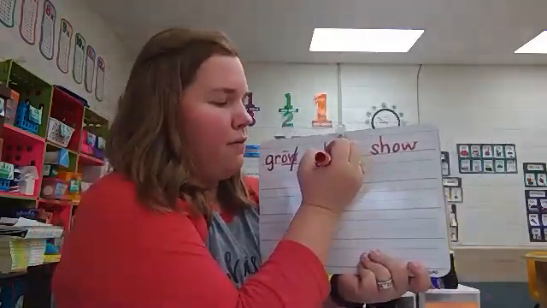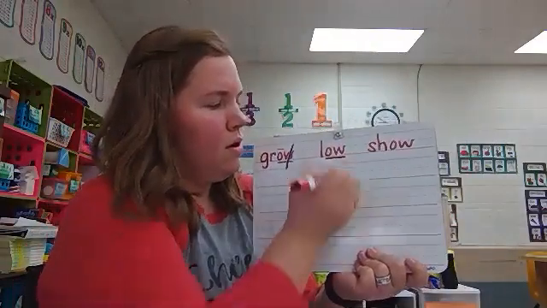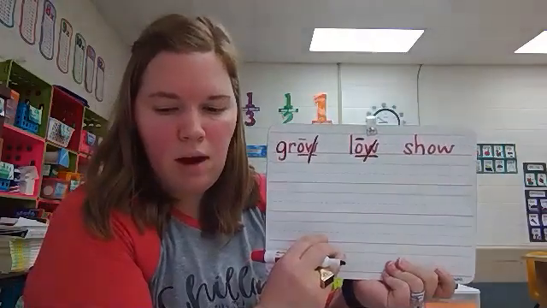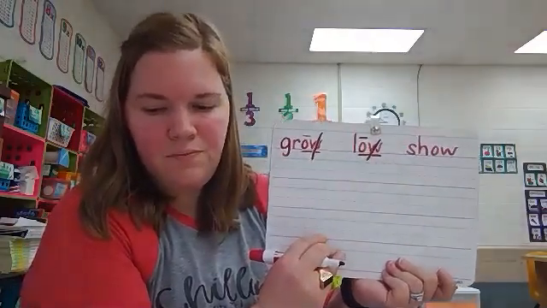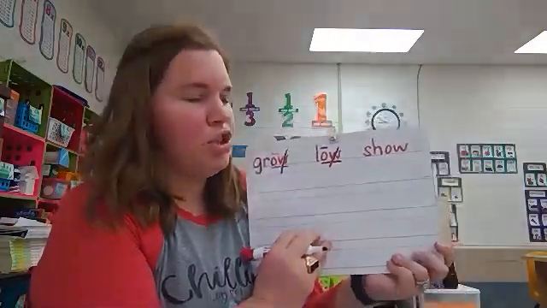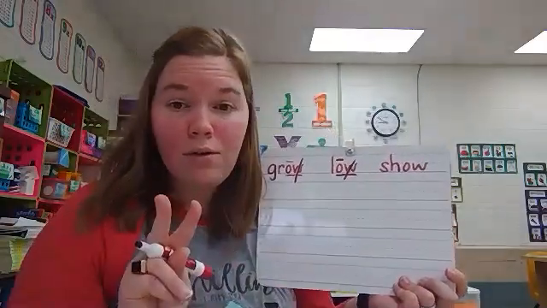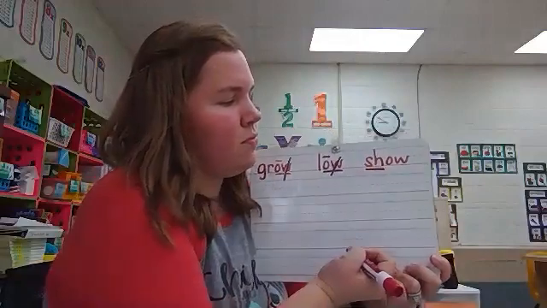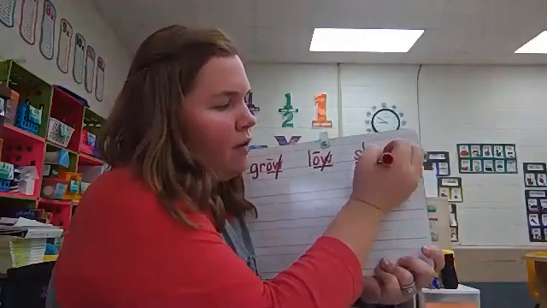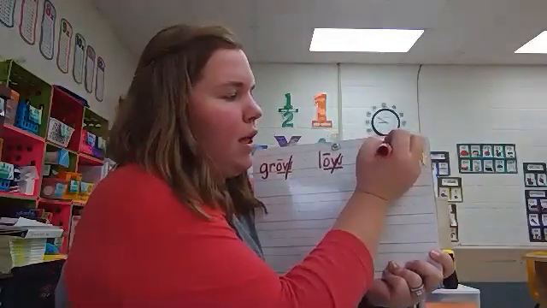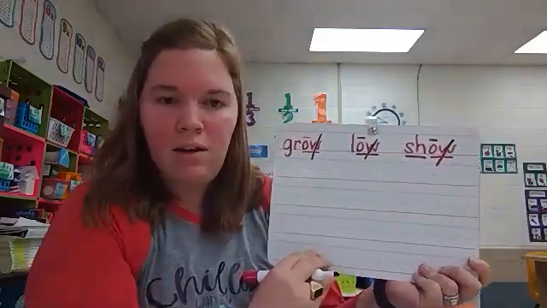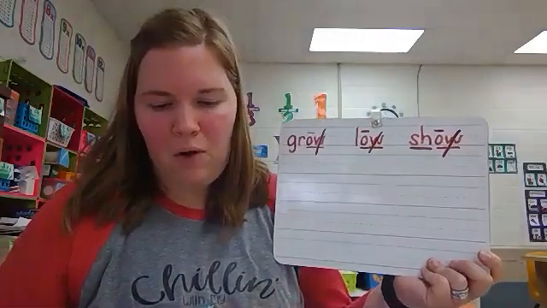We have digraph OW, macron above the O, cross out the W, it is silent. And in show, there are two digraphs. We have digraph SH and digraph OW. Again, the O is making the long sound. It needs a macron. Cross out the W, okay?